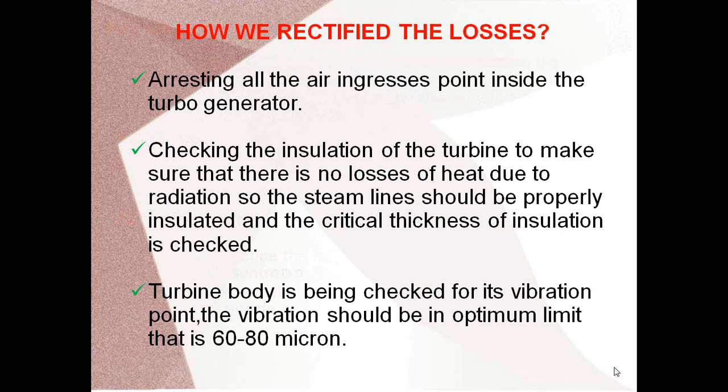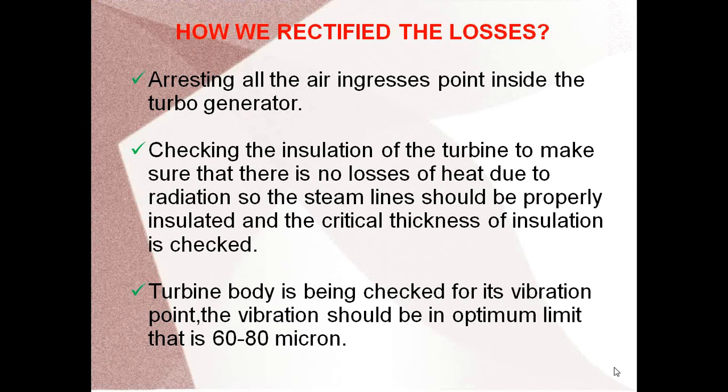Now, how do we rectify the losses? We can rectify the losses in the following ways. First, arresting all the air ingress points inside the turbo generator. Turbo generator means the combination of high pressure, medium pressure and low pressure turbine. The whole setup is called the turbo generator.